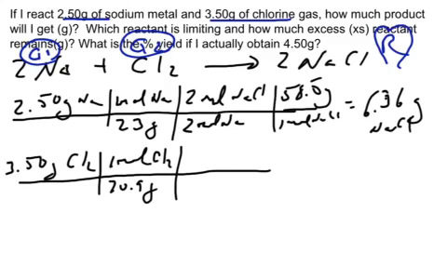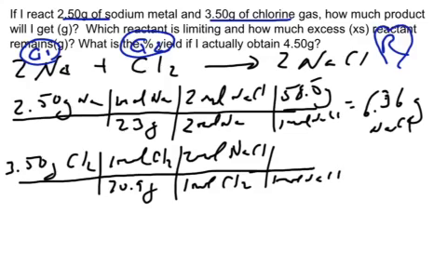And then our molar ratio, for every 1 mole of chlorine, you get 2 moles of NaCl. And the last part of the calculation is identical. 1 mole of sodium chloride weighs 58.5 grams. So with this one, you would get 5.77 grams.